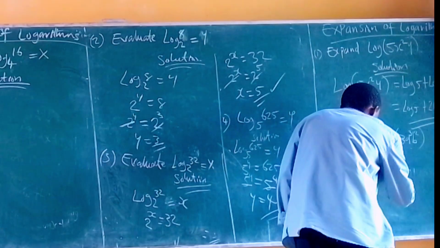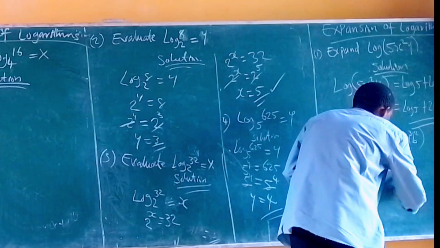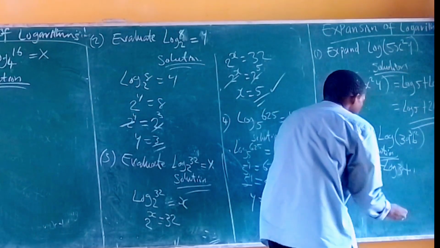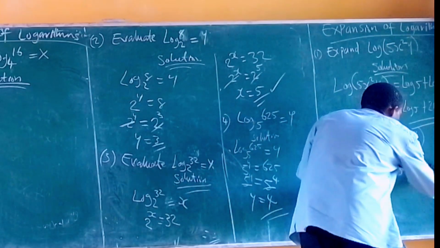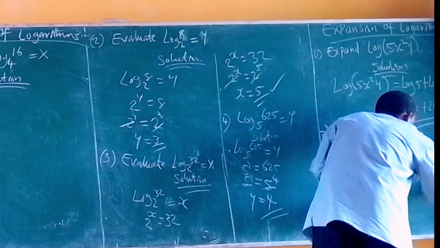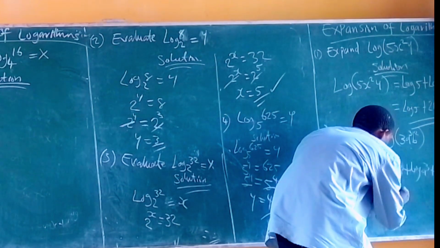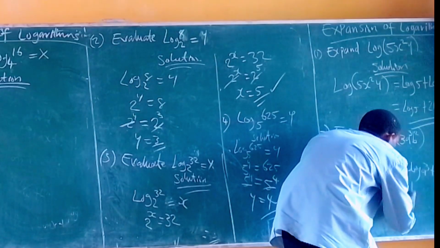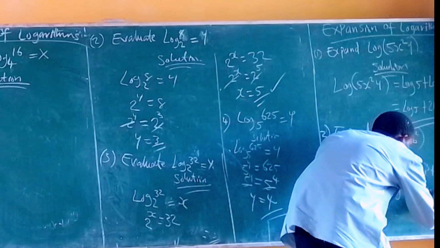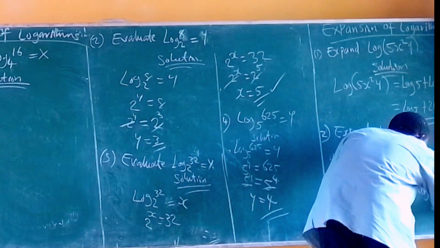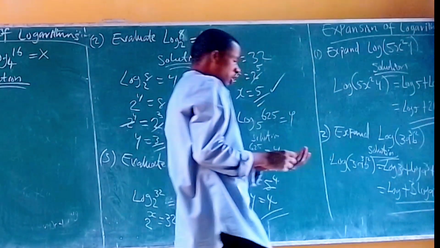It's equal to log 3 plus log a cubed plus log b squared. Expanding this, I will have log 3 plus 3 log a, this 3 comes back up, plus 2 log b. Alright, and this is the final answer.